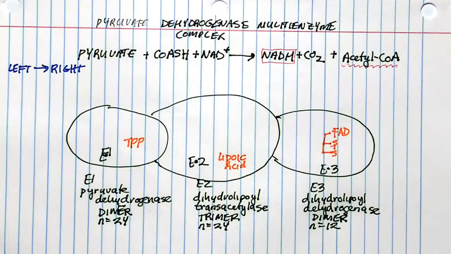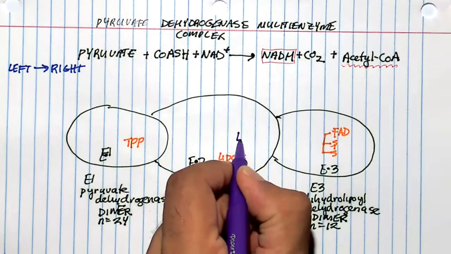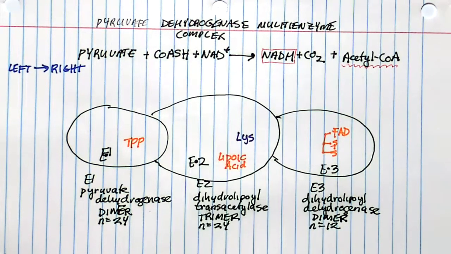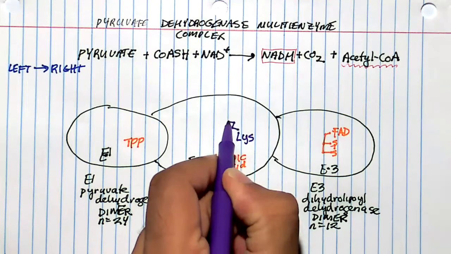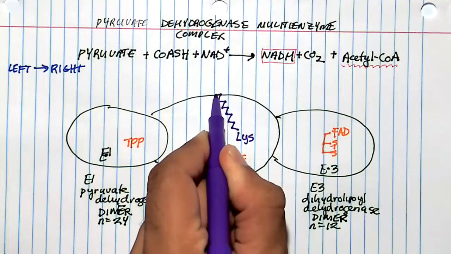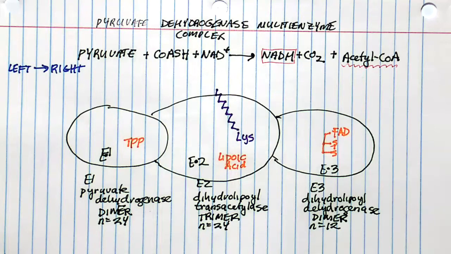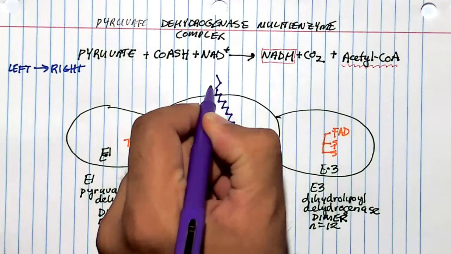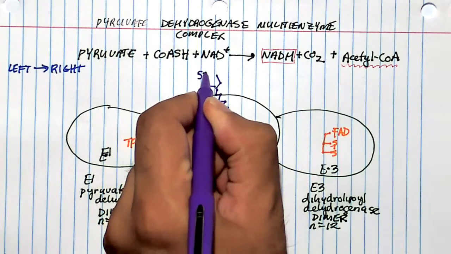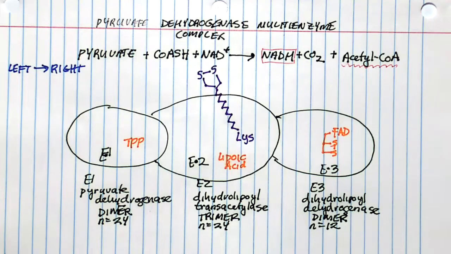So let me focus here on the lipoic acid. As I stated before, it is actually conjugated to the amino acid lysine. And if you look at the structure of lipoic acid, it is actually a long tether. Okay, and it's about 12 to 14 angstroms in length, but it's going to just be a very long stretch of a hydrocarbon chain, and then it ends with a disulfide bond.